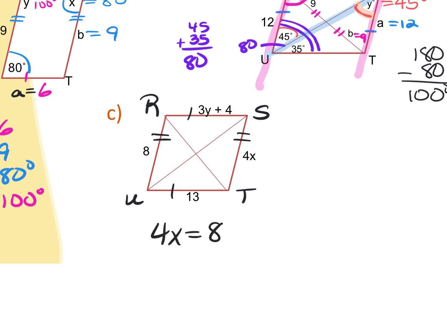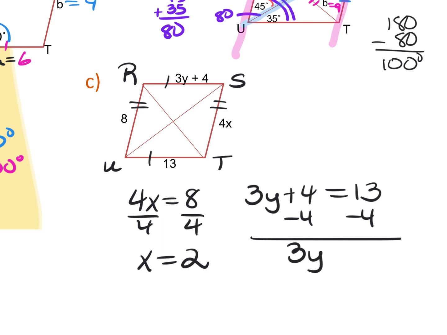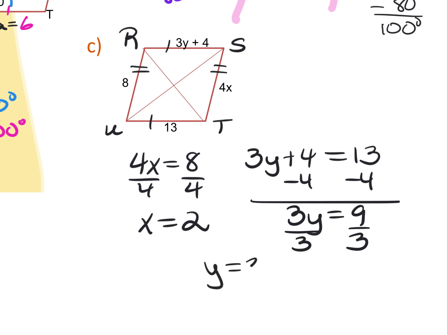And to find Y, I'm going to set 3Y plus 4 equal to 13. So let me go ahead and solve each one. Divide both sides by 4. X equals 2. Over here, subtract the 4. 3Y equals 9. Divide by 3. And Y equals 3.